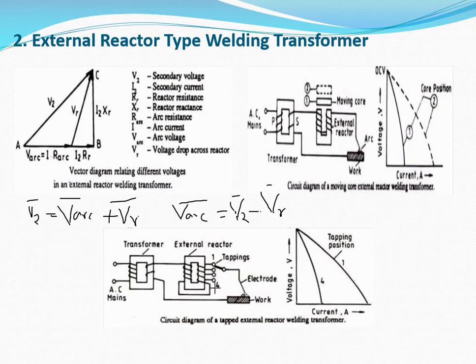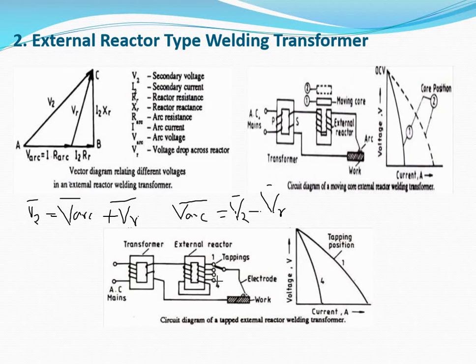Now, in the tapped reactor, here the tappings of the reactor are shown. In case of this tapped reactor, the core is made solid, but the coil is divided into a number of sections, and each section has a tap brought out to the regulator point.